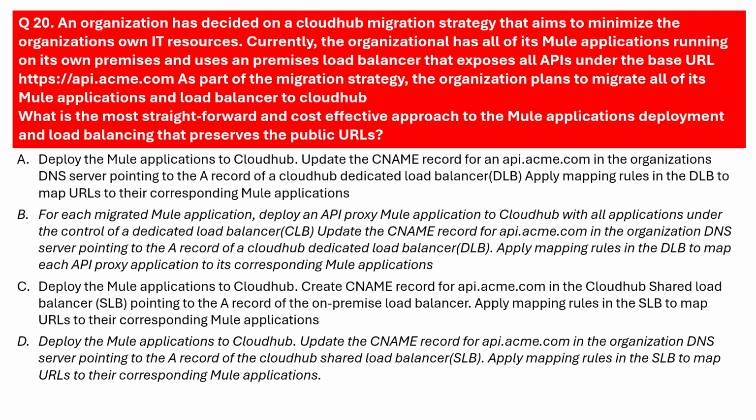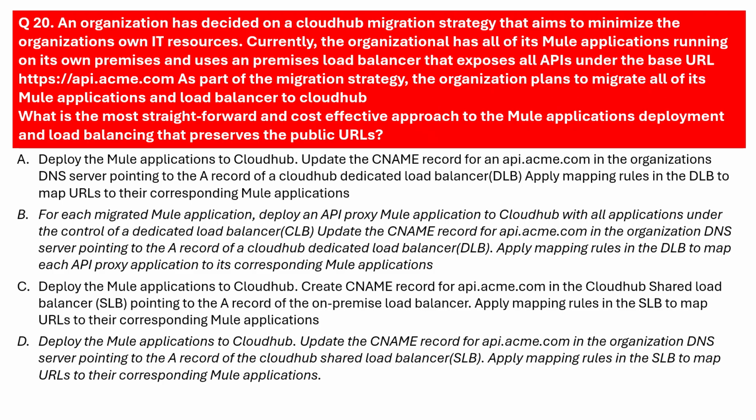B. For each migrated Mule application, deploy an API proxy Mule application to CloudHub with all applications under control of a dedicated load balancer, DLB. Update the name record for api.acme.com in the organization DNS server pointing to the A record of a CloudHub dedicated load balancer, DLB. Apply mapping rules in the DLB to map each API proxy application to its corresponding Mule applications.